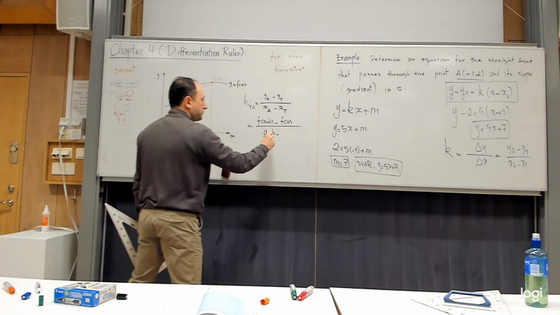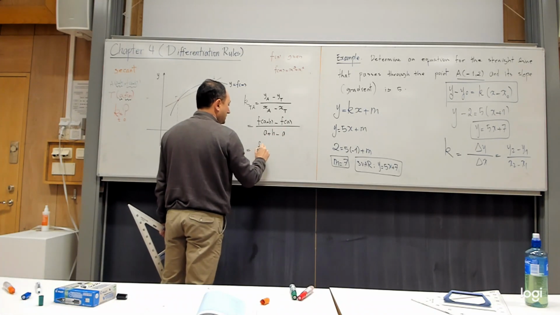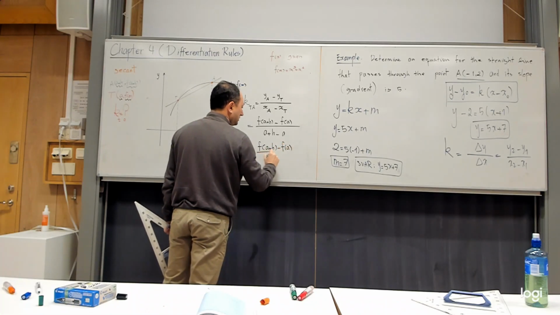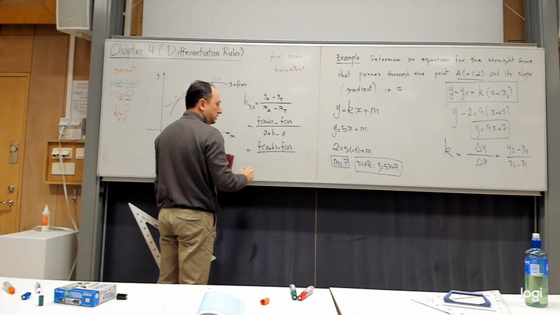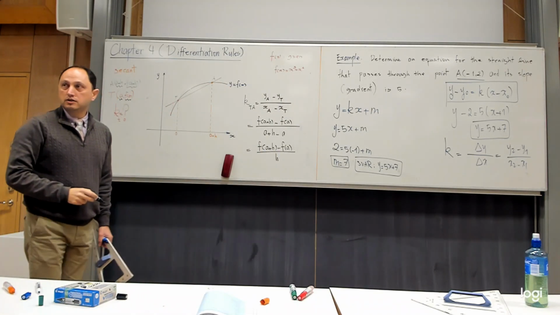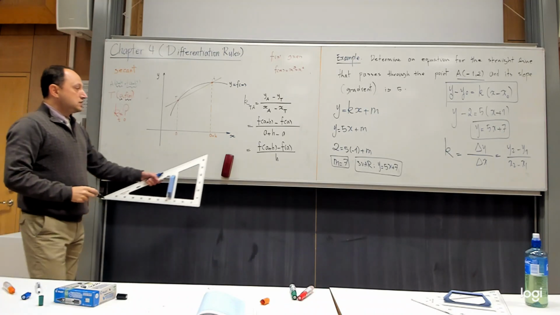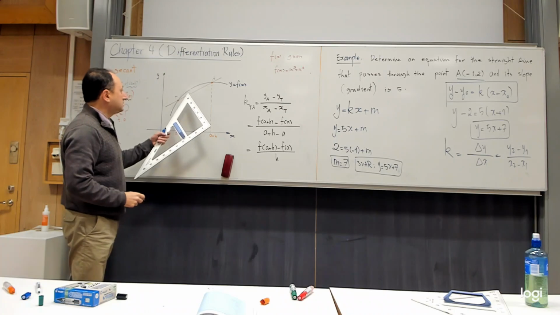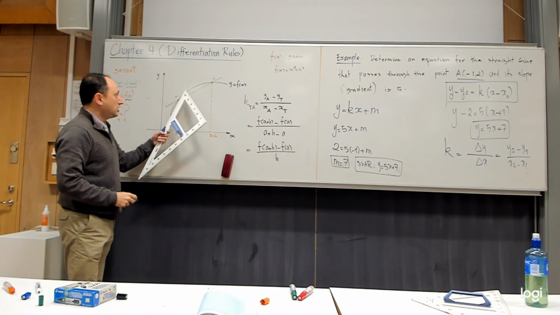So what happens? This becomes f of a plus h minus f of a, divided by h. So this one is the slope of the orange line, not the green line.